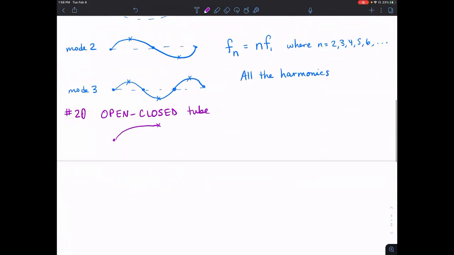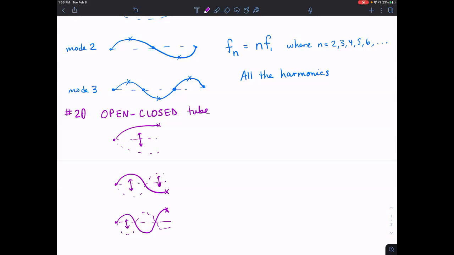So that would be mode 1, this one would be mode 2, this one would be mode 3. The horizontal line is the equilibrium position, and this dotted line is it going back and forth between those, up and down, up and down.